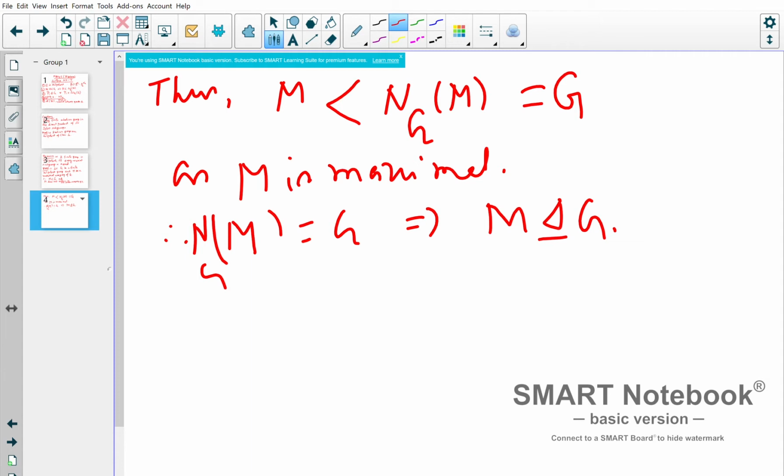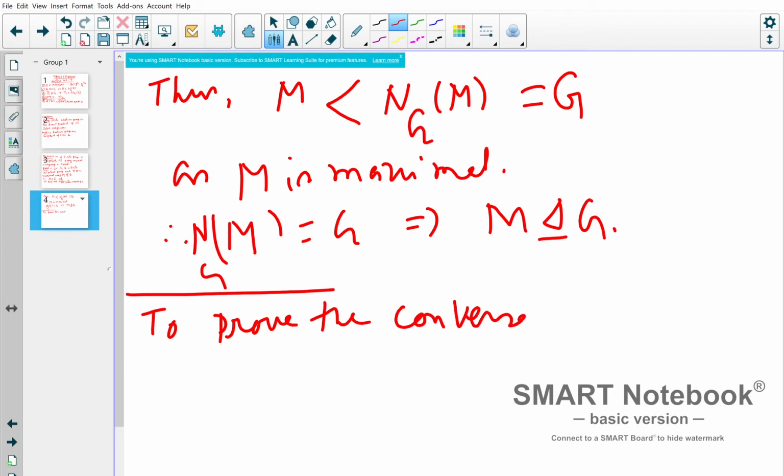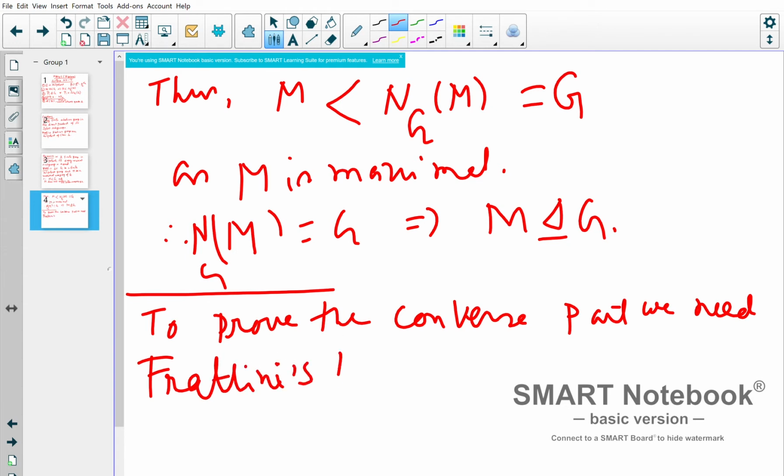To prove the converse part, we need something very important, a lemma. We need something called Frattini's argument. So I need to first tell what this Frattini's argument is. This is a very classical and famous argument, a famous lemma.